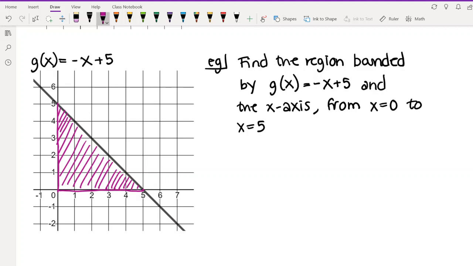So what would be the area in this case? Well, this is a triangle, so we can do 1/2 times base times height, which in this case is 1/2 times 5 times 5. And so our area in this case would be 25 over 2.